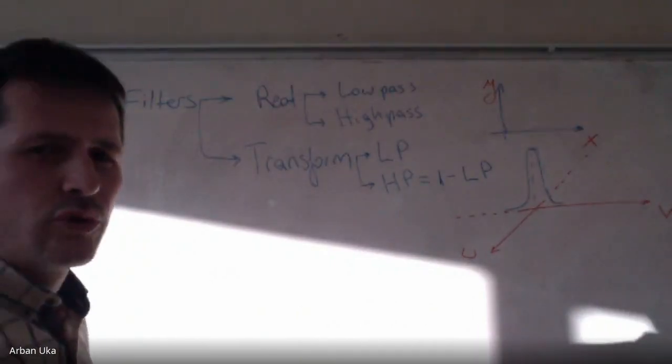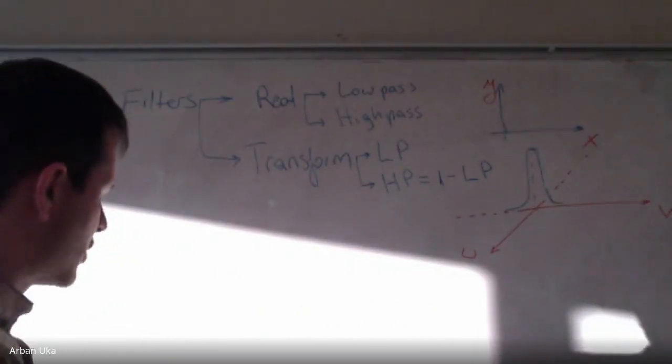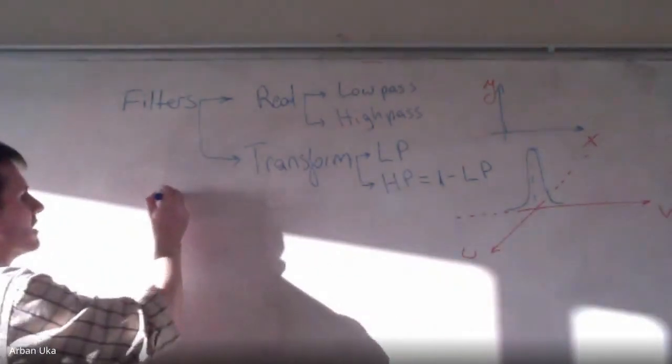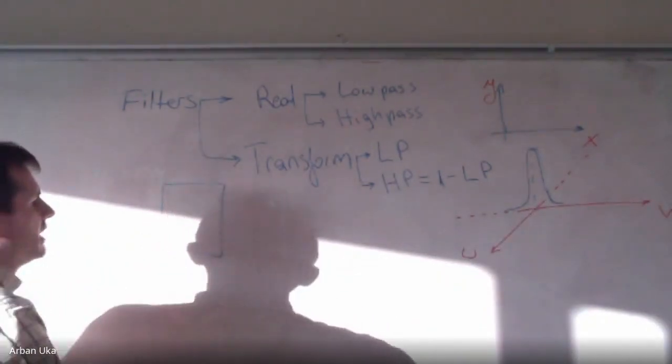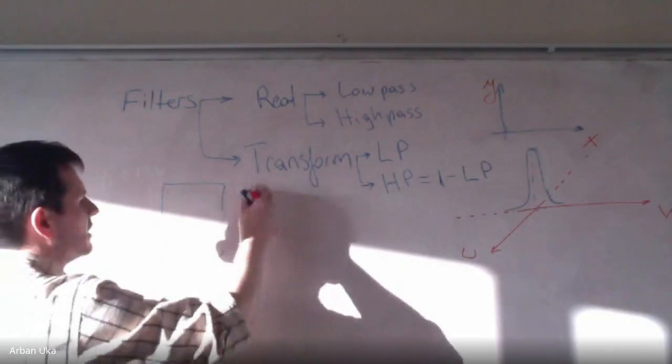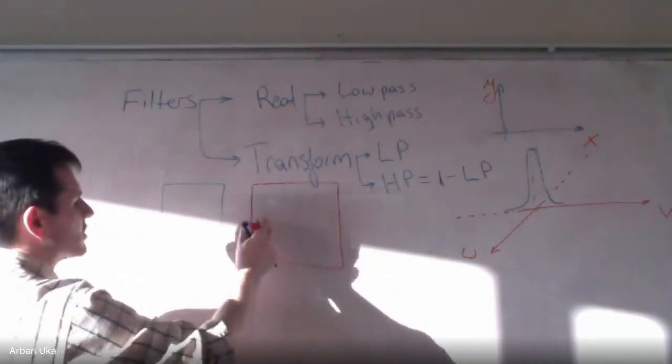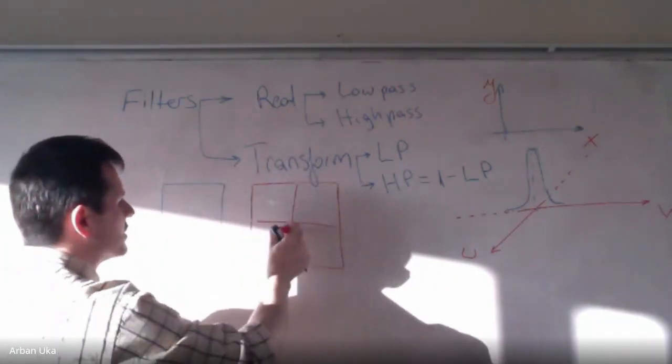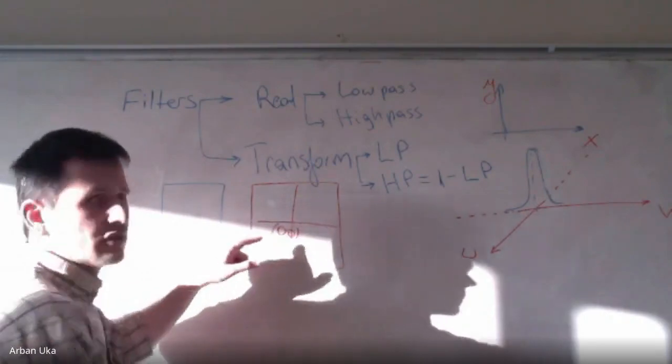And when we talk about a specific image, just for a moment, let's consider that this is the real domain, and in the transform domain, we know that all the information is centered with respect to 0. So this is the point 0, 0, right?